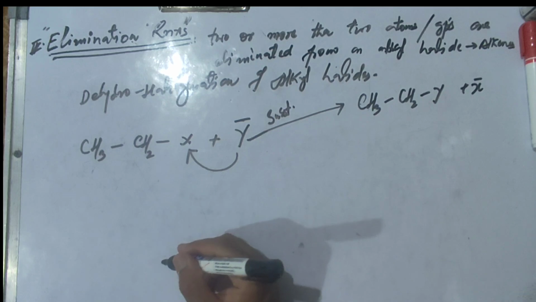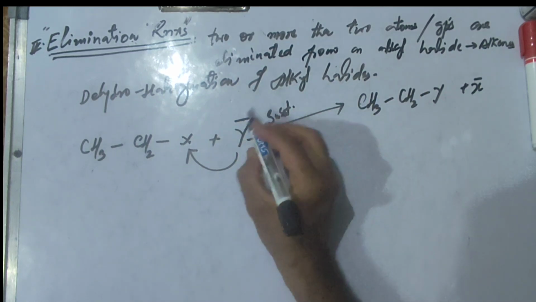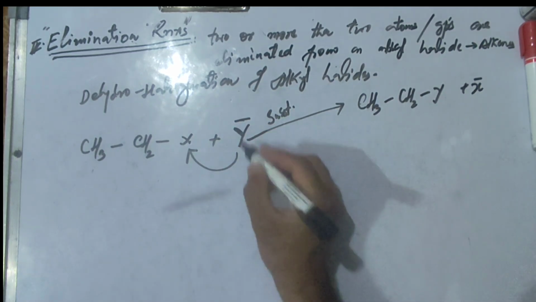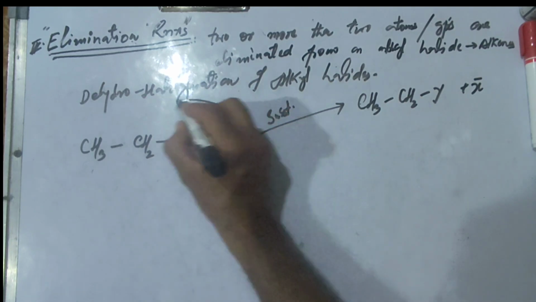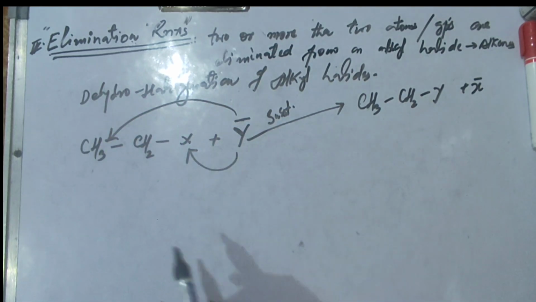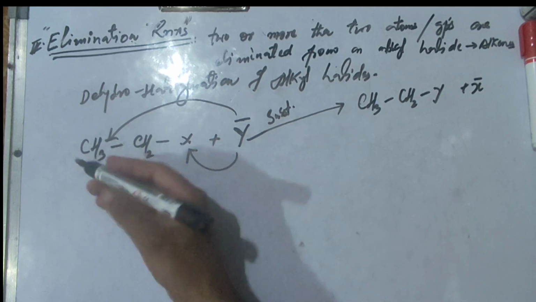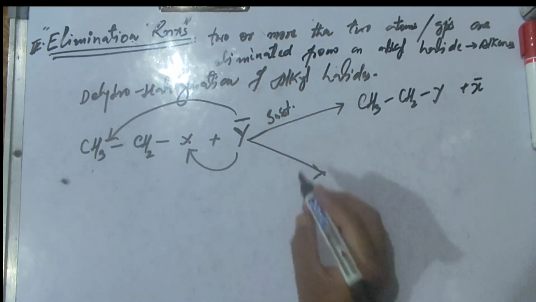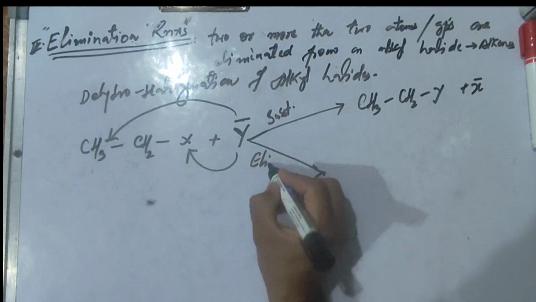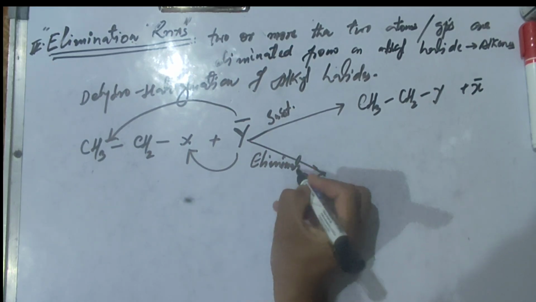But however, if this group, the incoming group Y, instead of substituting this X, attacks this CH3 and removes a proton from this, then it's not a substitution. This is simply an elimination reaction.